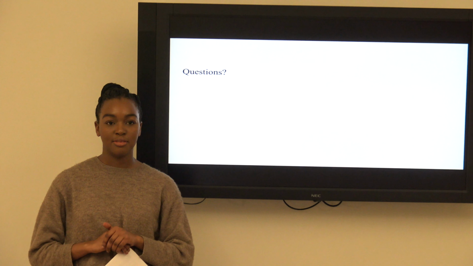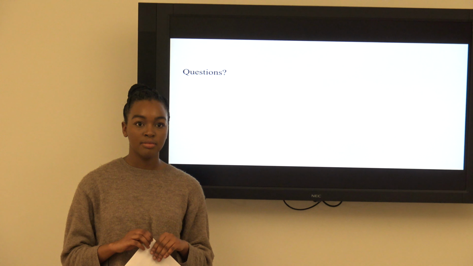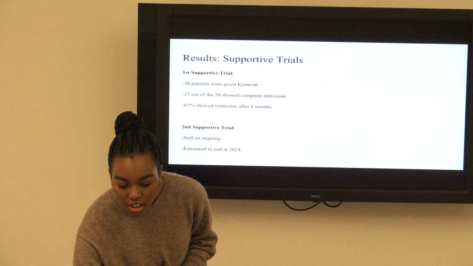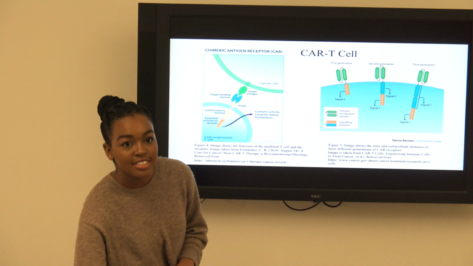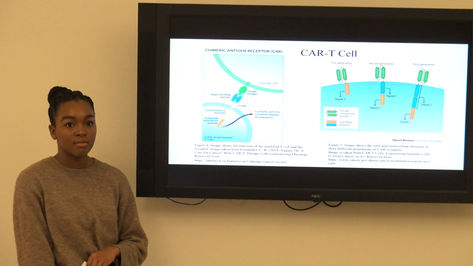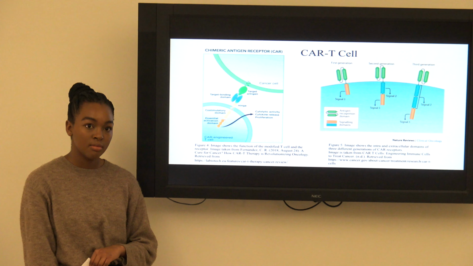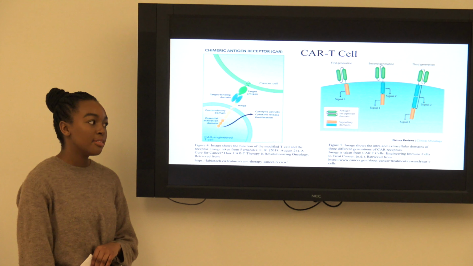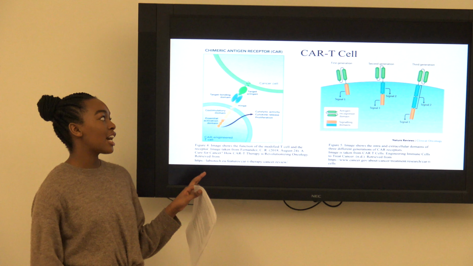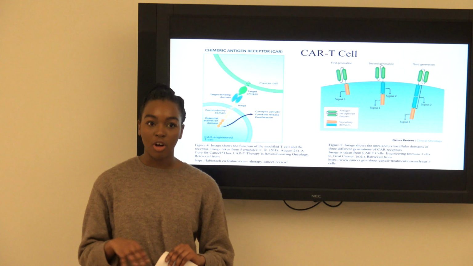Okay, go ahead. Could you go back to the slide where you showed the T cell binding to the B cell? So I have a couple questions. First question is how is it that the T cell knows not to attack the healthy B cells, and where's the specificity there? So that's actually a problem that I see a lot.